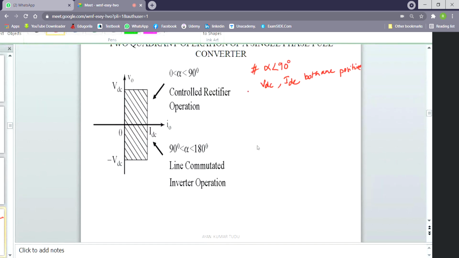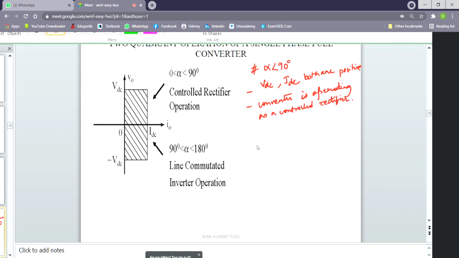That's why we can say that the converter is operating as a controlled rectifier.